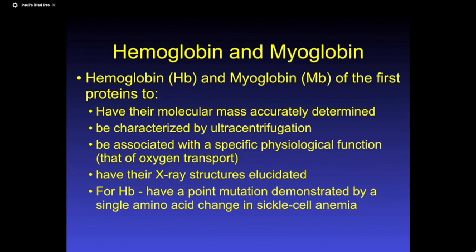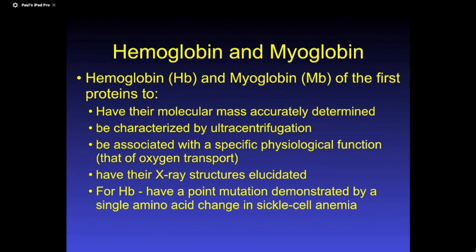These were some of the proteins that had their first X-ray crystal structures determined. And for hemoglobin, this was one of the first examples in which a genetic disease was linked to. So one change in the DNA linked to a disease. And so sickle cell anemia, we'll talk about that. And so we know a lot about this system.